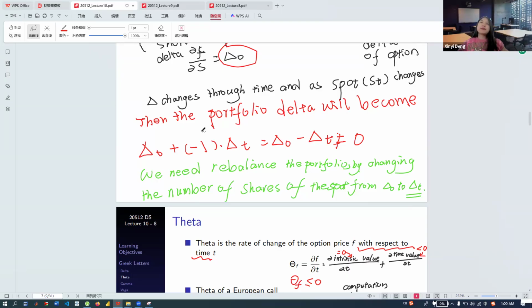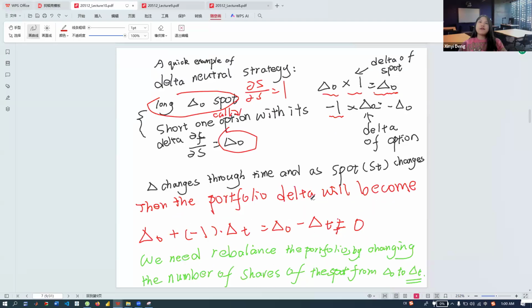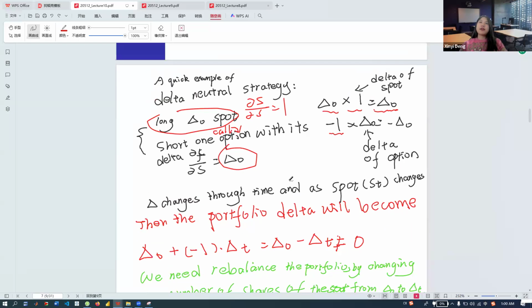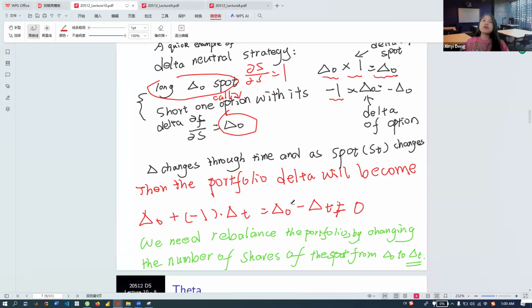So for this specific example, if the option delta does change into delta t, then we just need to change the number of shares of the spot from delta 0 to delta t. But even if you implement that change in the positions of the spot, as time goes by more, the delta of the option is still going to change, right?